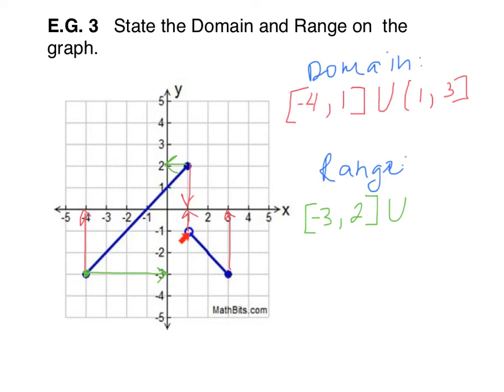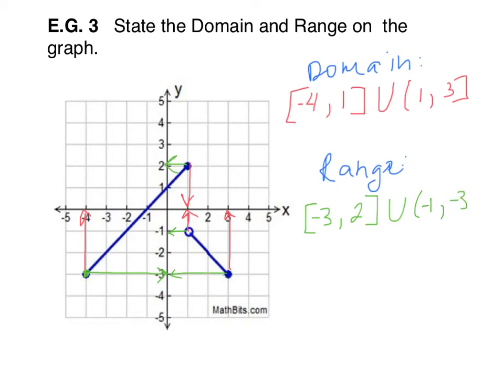The other piece of the graph, this little guy right here. I think it doesn't matter if you do this value first or this value, but I'll go with the -1 since that's the leftmost point here. -1 and an open symbol, not including, and then it ends at the -3 value here.